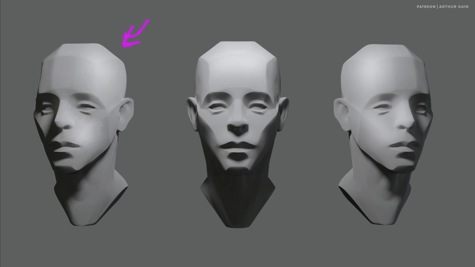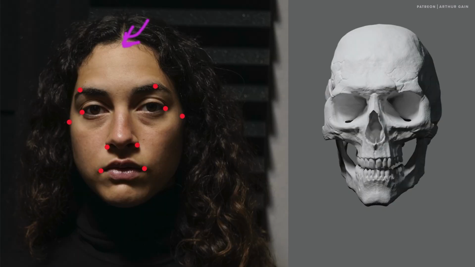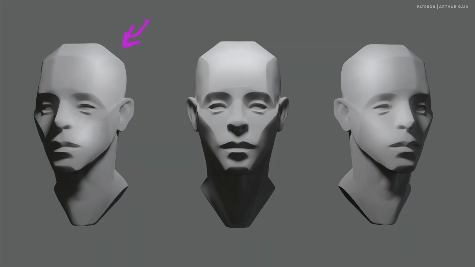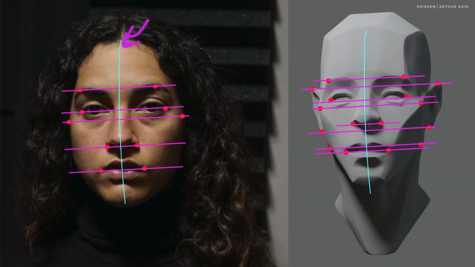Very good question. You have to go here, and first find all these points, all these landmarks, and after that you go here, and you just draw the lines visually.